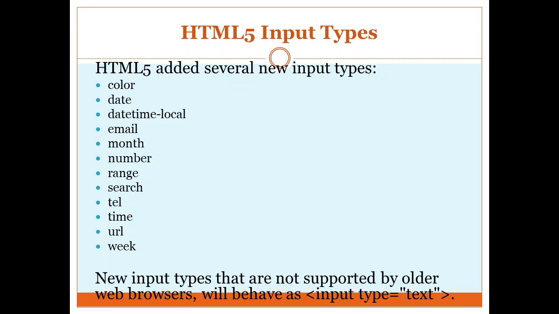And if we want to display the month, input type is equal to month. It specifies the date picker. The web browser specified date picker is shown, then you can pick the month too.